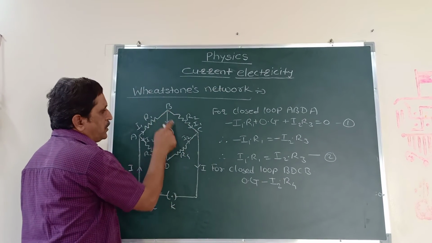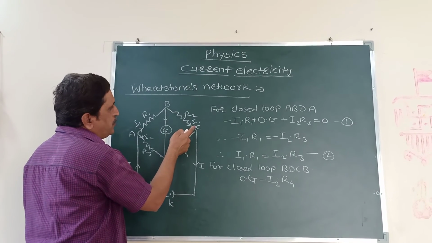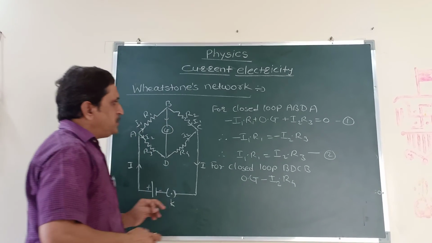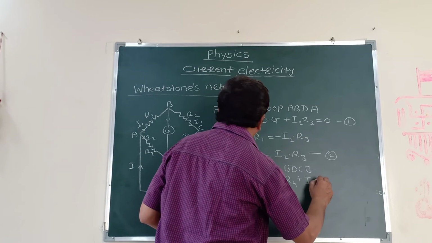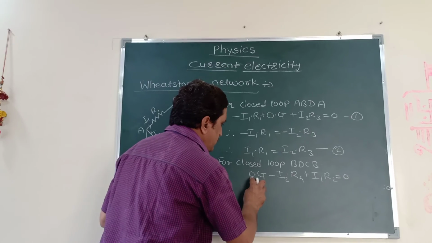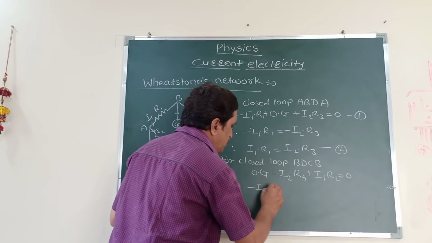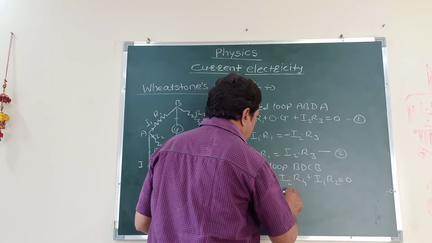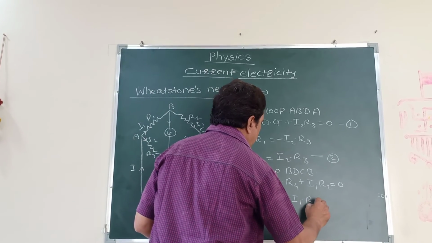Now for this path, current is flowing from B to C, the loop is tracing from C to B, both are in the opposite direction, therefore the product of resistance and current should be positive, that means plus I1 into R2 is equal to 0, that means 0 into G, 0, then minus I2 into R4 is equal to minus I1 into R2.